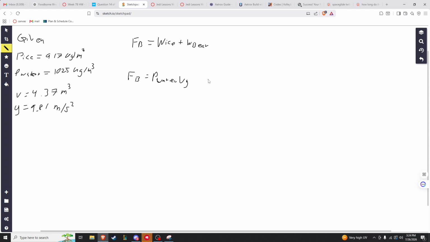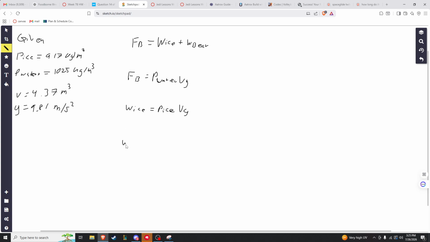So this is the buoyancy force. The weight of the ice is equal to the density of the ice times volume and the gravity. And since we know both of those, and the buoyancy force equals a combination of both of these, we're going to need to combine them.